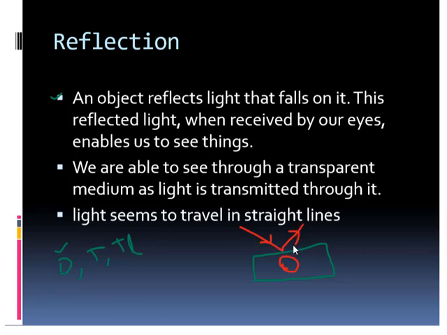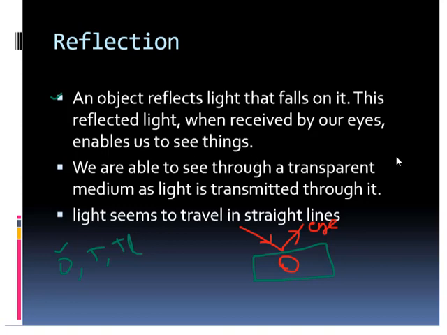This ray is known as reflected ray. So when this reflected ray falls in our eye, suppose a person is standing here, when this reflected ray falls on that person's eye, that person is able to see this object. So when received by our eyes, it enables us to see things.